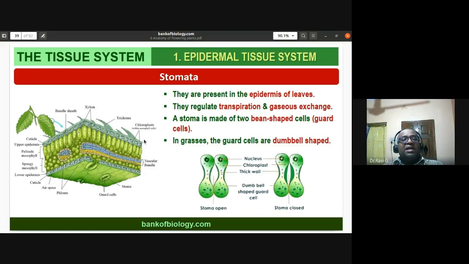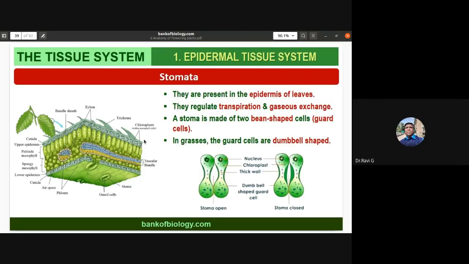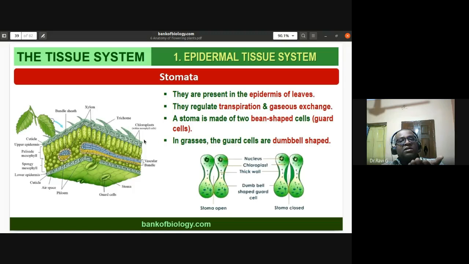Stomata are present in the epidermis of leaves. They regulate transpiration and gaseous exchange. Stomata are present in the epidermis of leaves, especially in the dicot leaf. The lower epidermis has stomata, so we call it hypostomatic. In the case of monocot leaf, both the upper epidermis and lower epidermis have stomata, so we call it amphistomatic.